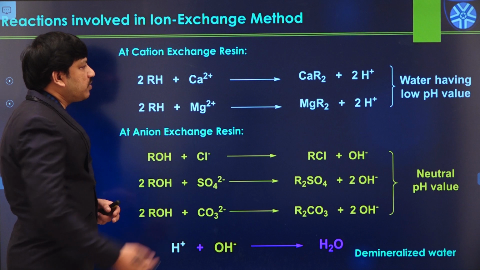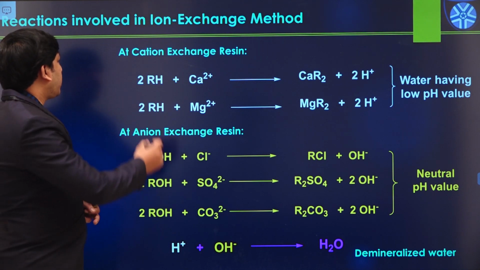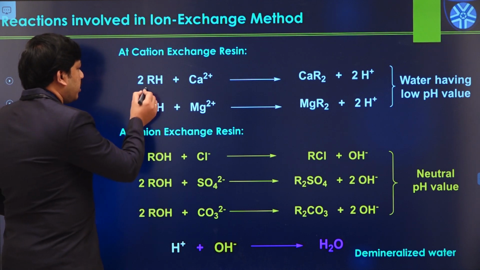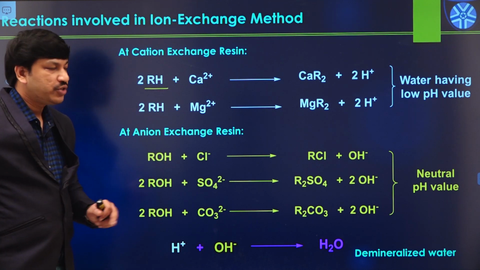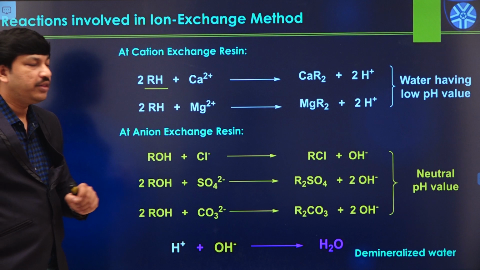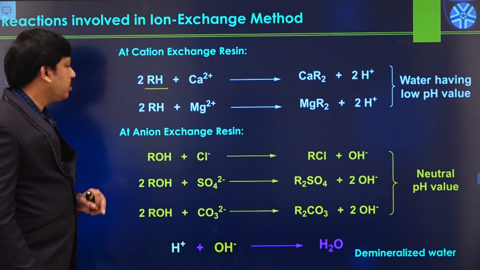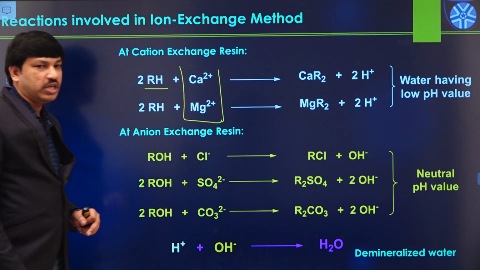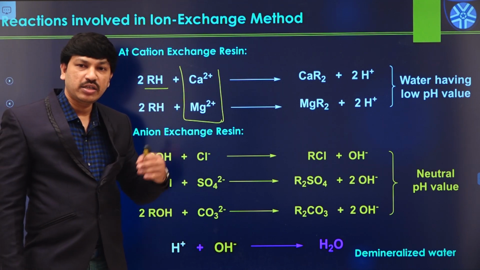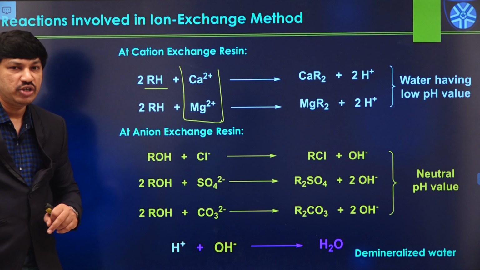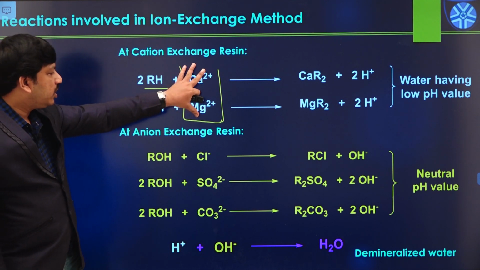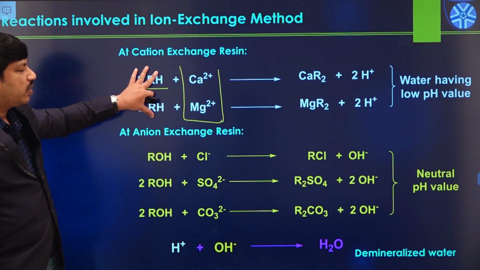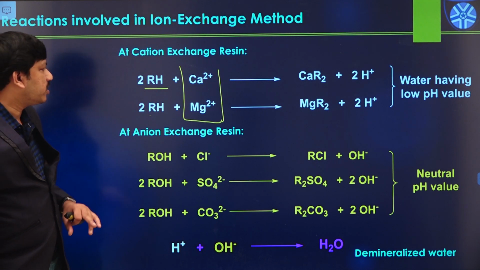Okay. Now, let us see what the possible reactions are in the case of the cation exchange resin and the anion exchange resin. In this case, what is the meaning of RH? RH indicates that this is the cation exchange resin, and these are the cations available in the hard water sample. Our hard water sample contains either calcium salts or magnesium salts. Initially these calcium and magnesium cations interact with the resin.